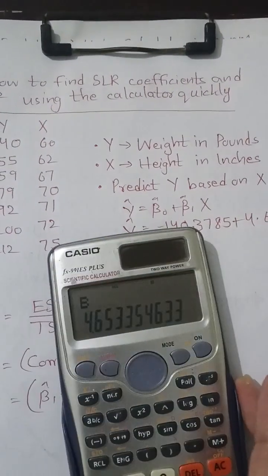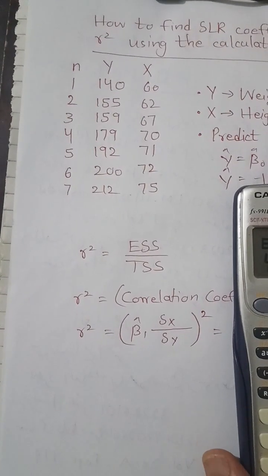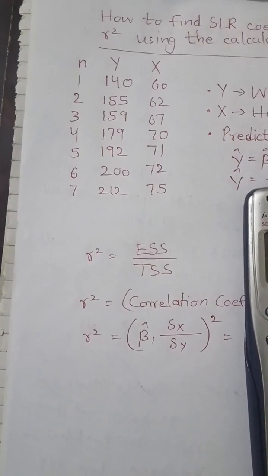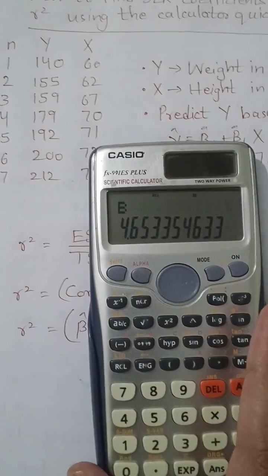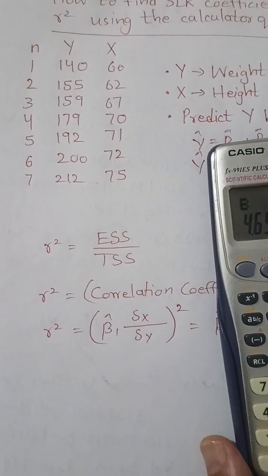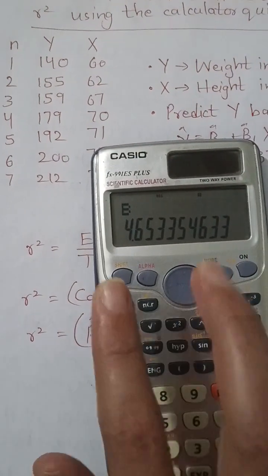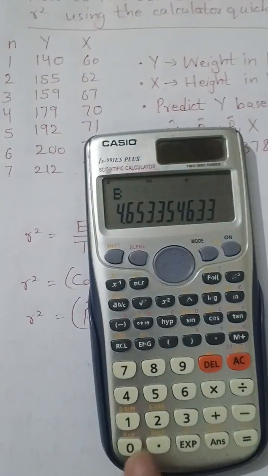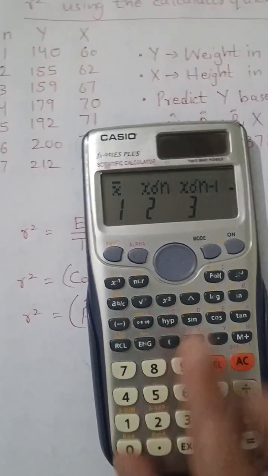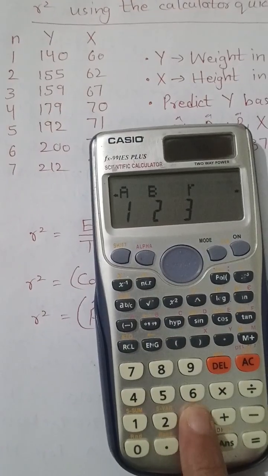The next step is to calculate the correlation coefficient, because after finding the correlation coefficient, you will be able to find the coefficient of determination. So next, let's go to shift again, press 2, then go to next and next, then press 3.